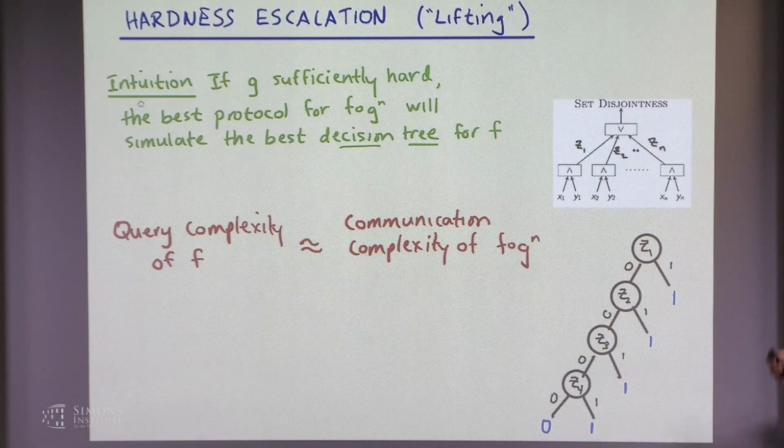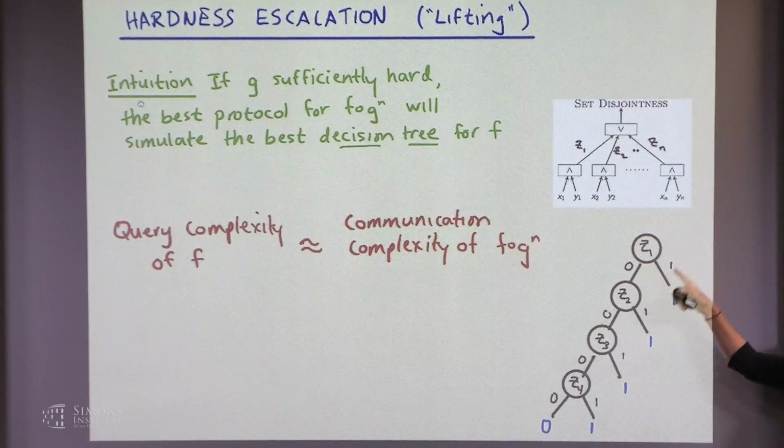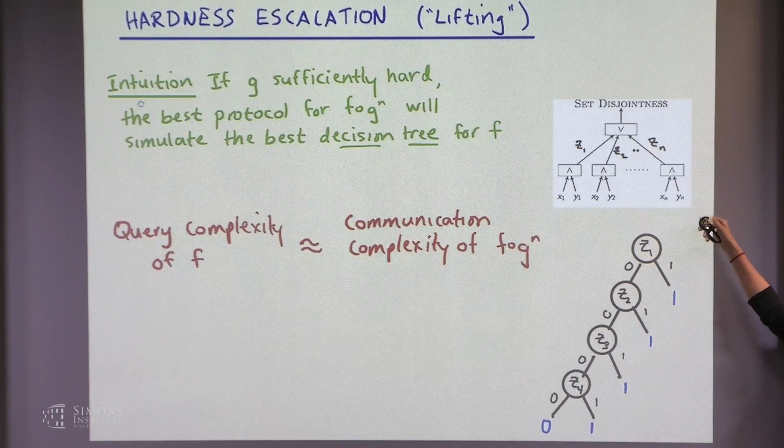Okay, so for example here, the top level function is OR, and the decision tree complexity of OR is linear. You have to query all the bits feeding into f, which is linear, and correspondingly we'd like to show that the communication complexity of set disjointness, which is the lifted version of the OR function, where the inner gadget is AND, has corresponding complexity linear. Okay.